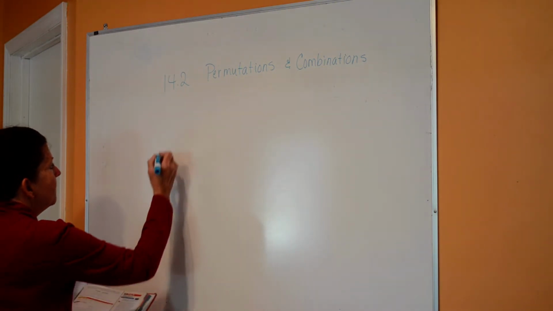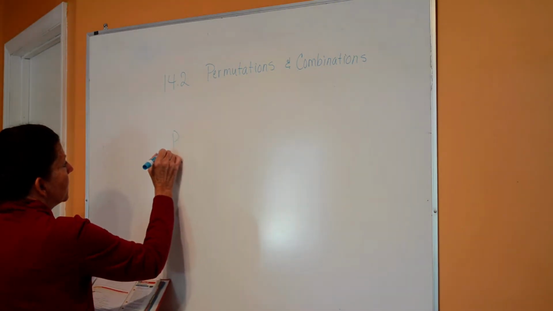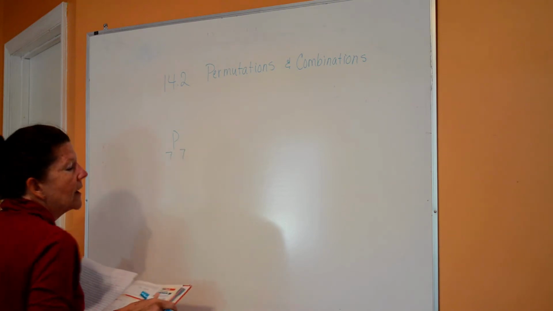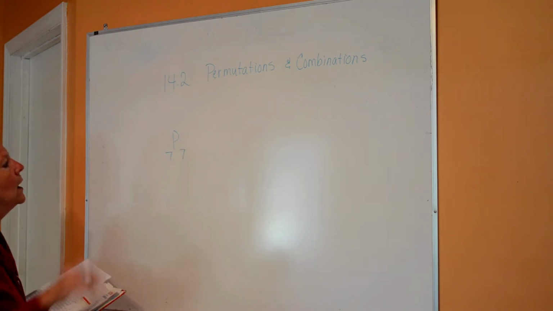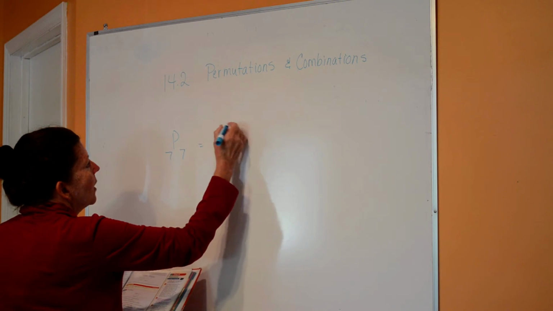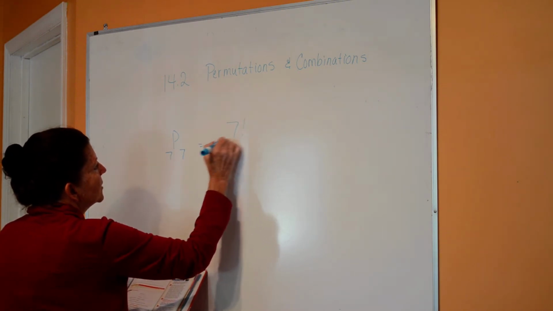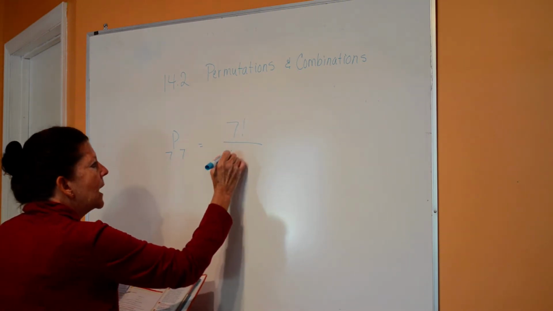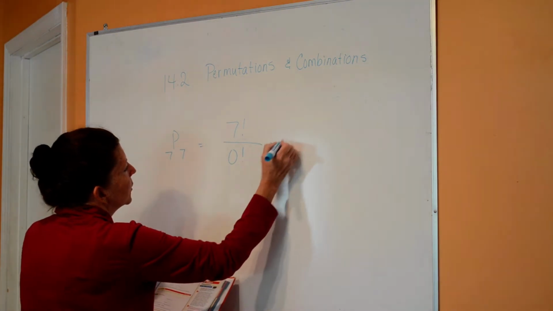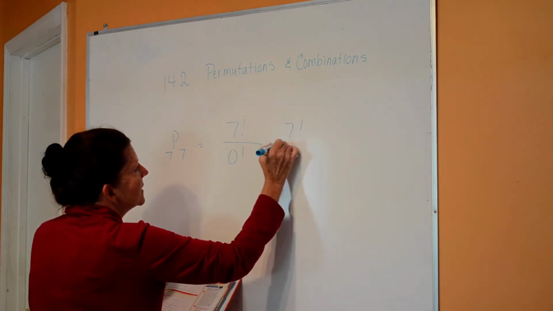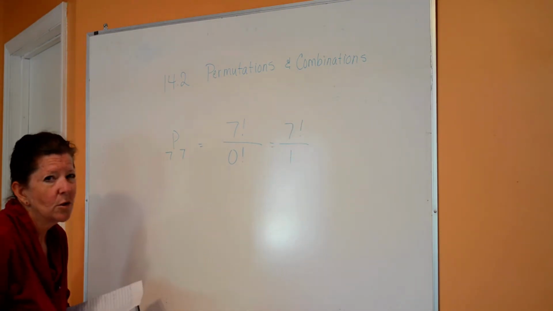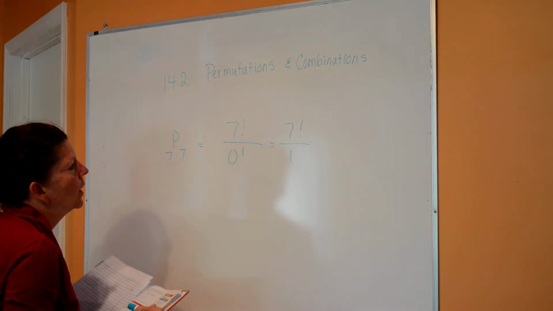Well, that means I'm going to choose from the 7 items 7 things at a time. When it's that way, on the top I have 7 factorial and on the bottom I would have 0 factorial, and at first we want to think that that's undefined. The 0 factorial is actually equal to 1.